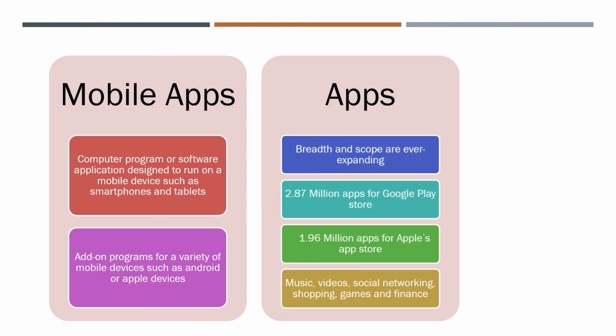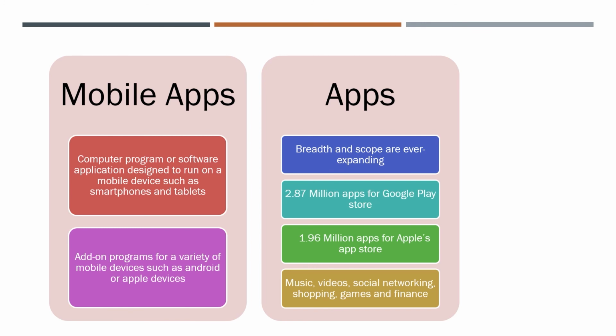A mobile application, or mobile app, is a computer program or software application designed to run on a mobile device such as a smartphone or tablet. It's also an add-on program for a variety of mobile devices such as Android or Apple devices. These mobile apps are ever expanding in breadth and scope.